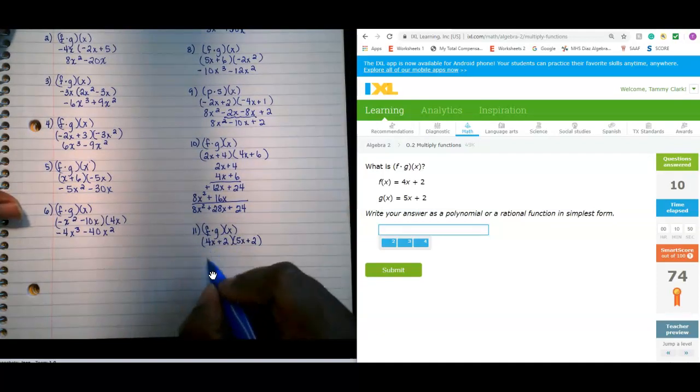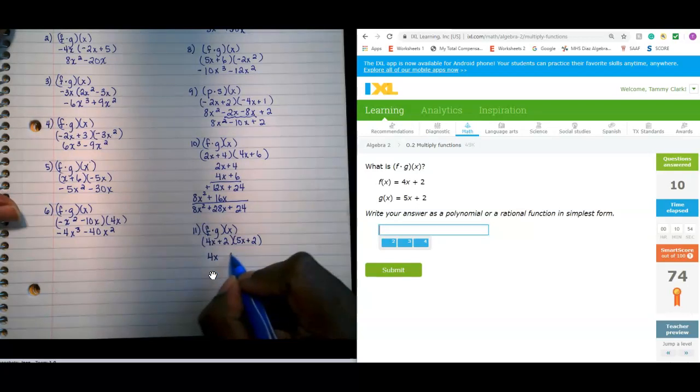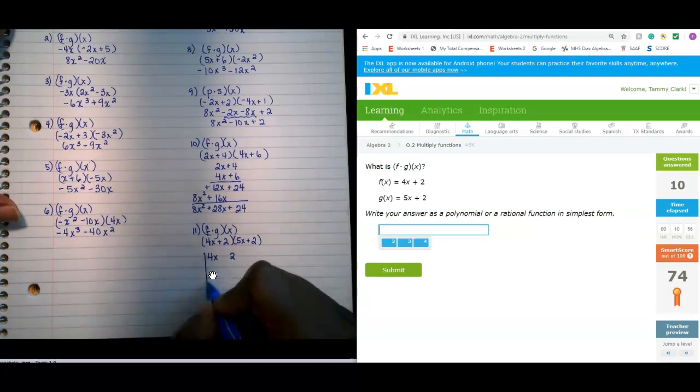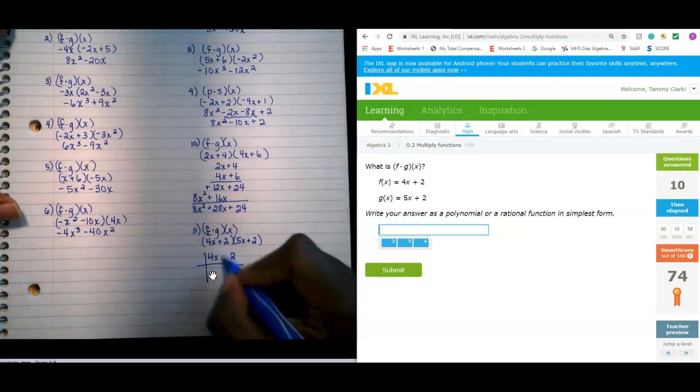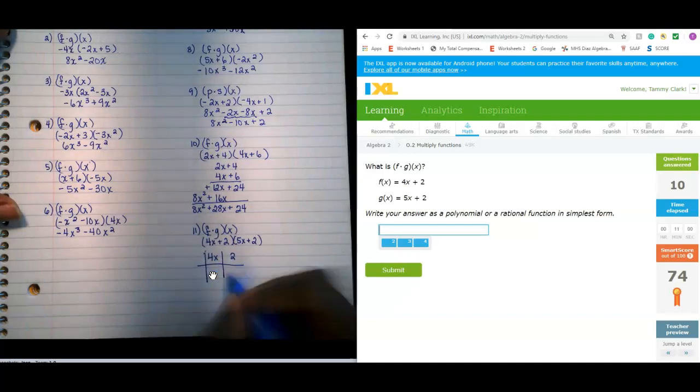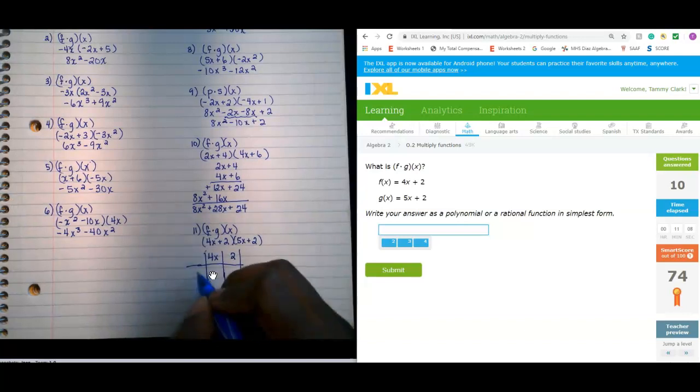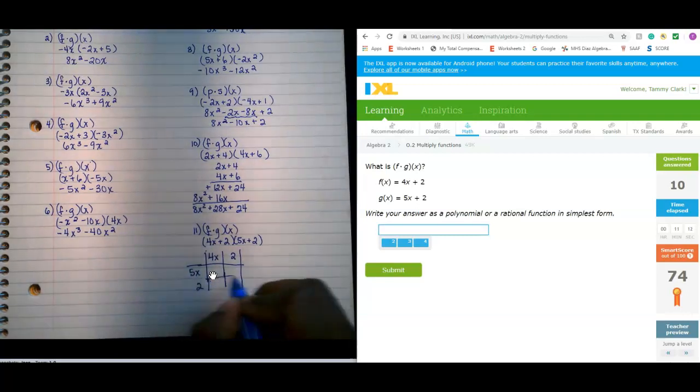So on the top of the box, I'm going to put 4x, and I'm going to put a positive 2. Over here, I'm going to put my 5x and my 2. And here is the actual box.